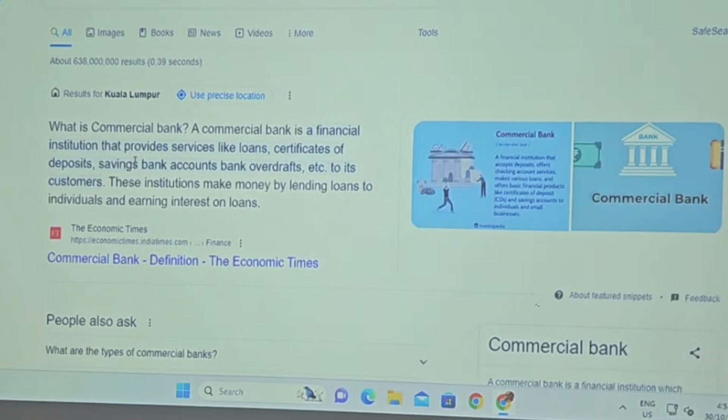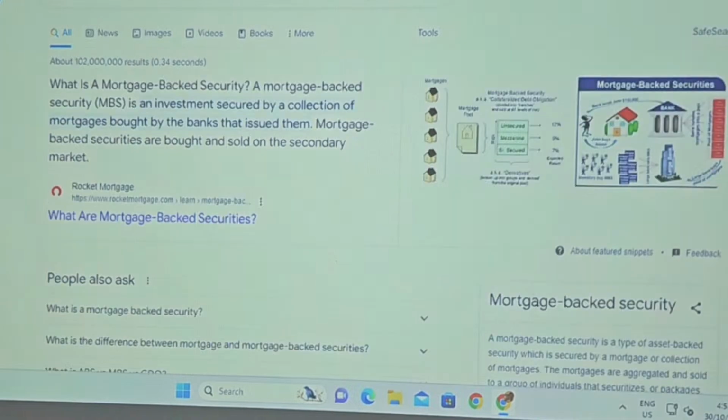Bungkus semula. You understand? So, mortgage-backed security: this commercial bank would buy mortgage papers and package them together and sell it.